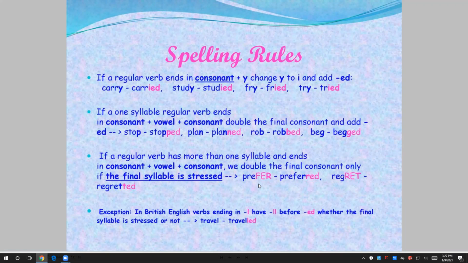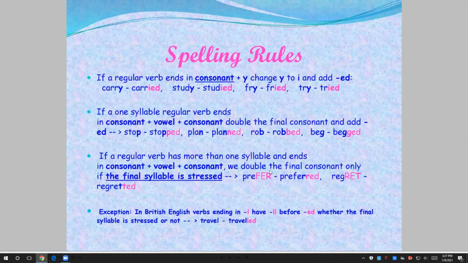So we cannot have L-I-S-T-E-N and ed for past tense. Okay, so the rule is, if you've got a regular verb which has more than one syllable, and we have this same combination, consonant plus vowel plus consonant, the rule is, if the stress is on the second syllable, then double the last consonant sound.